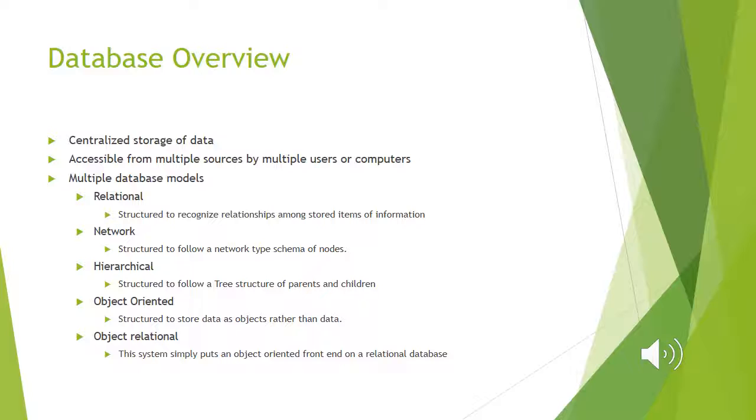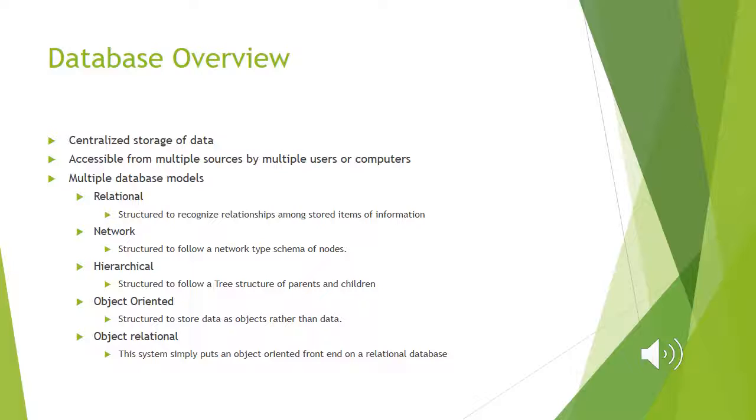There are several different models that have been designed to organize databases. First, the relational database is organized with a set of tables as well. And these tables can be rearranged to view information in many different ways, based on how the information is related.